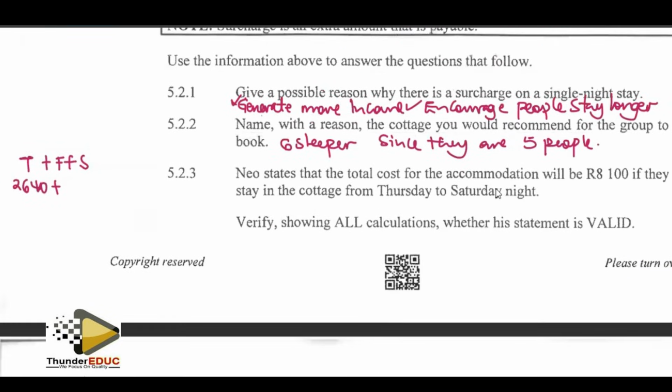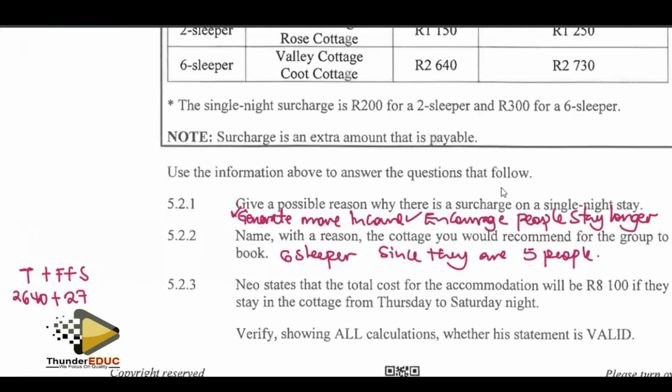These are 2, which is 2,700 times 2. This is how much they would have paid.